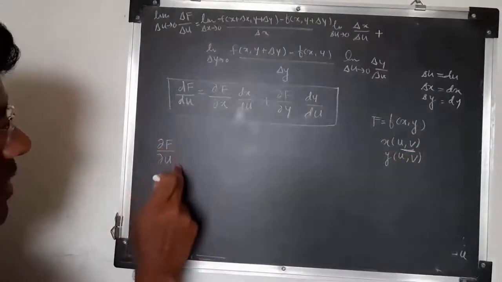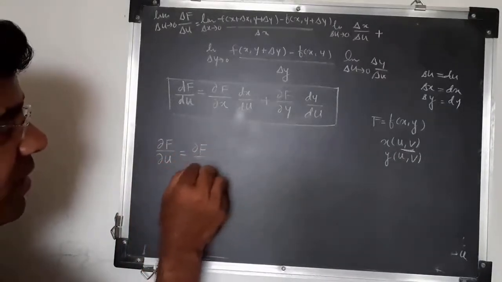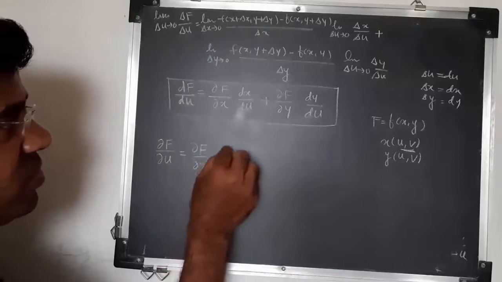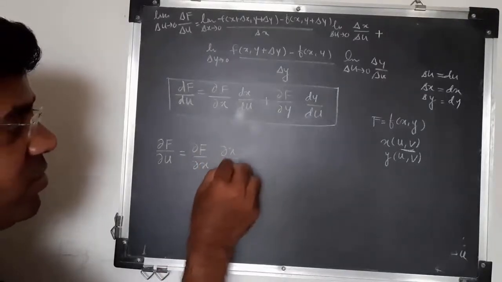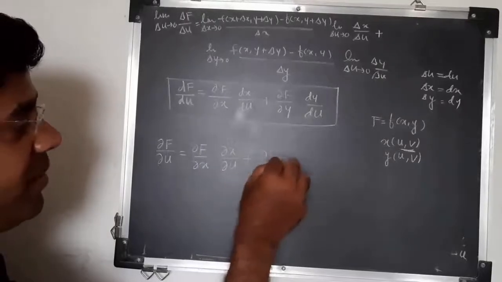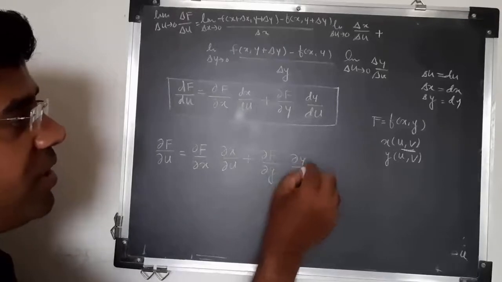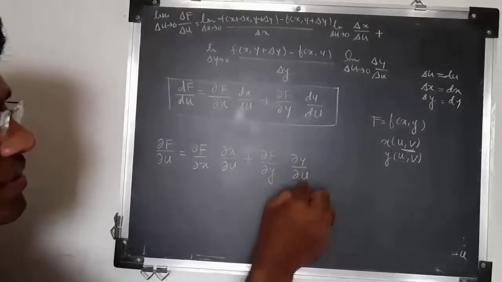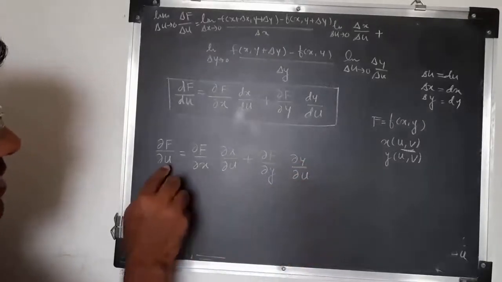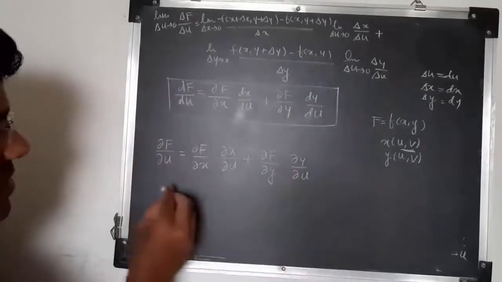So del f by del u is nothing but del f by del x into del x by del u plus del f by del y into del y by del u. Many students will write d over here; this is not the case. Second, you want to find del f by del v.